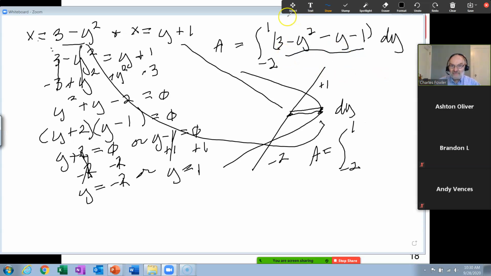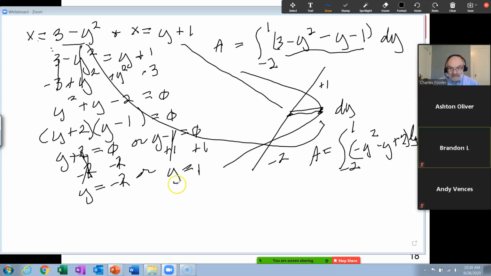There's only one simplification to do. 3 minus 1 is 2. It's just whether you want to lead off with 2, or lead off with a minus y squared. What do you want to do? You tell me. Okay, let's start with the minus y squared. Minus y squared minus y, I take it you want it in descending order of the powers, and then that will be a plus 2. 3 minus 1 is plus 2, and that's what we're integrating dy.